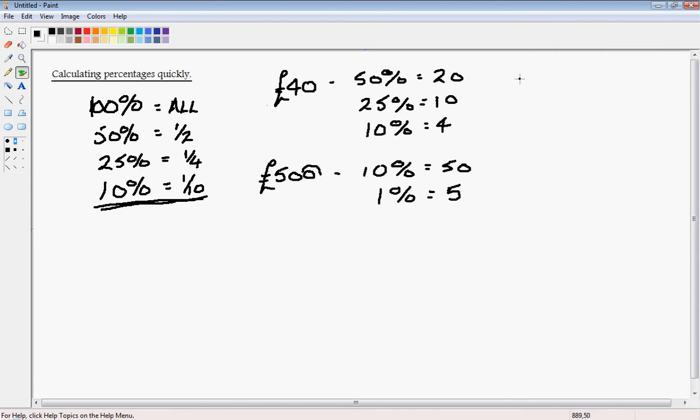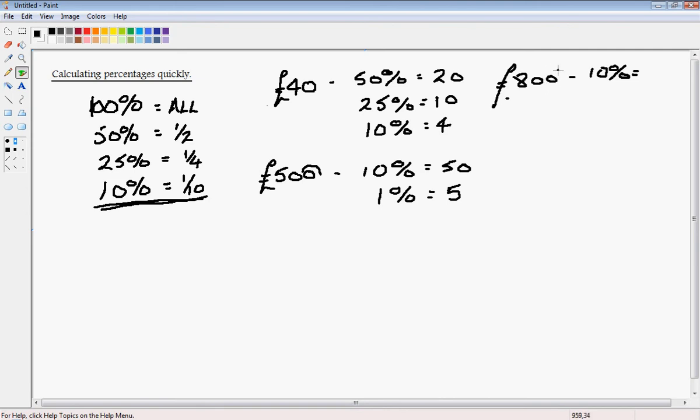So let's take another sum. Let's say we have £800, and we want to find 10%. So we just divide 10 into the 800.